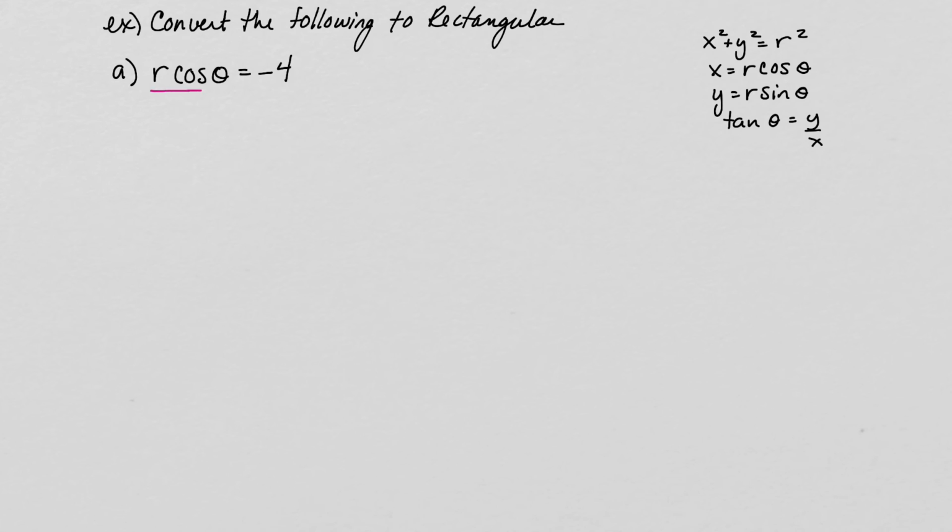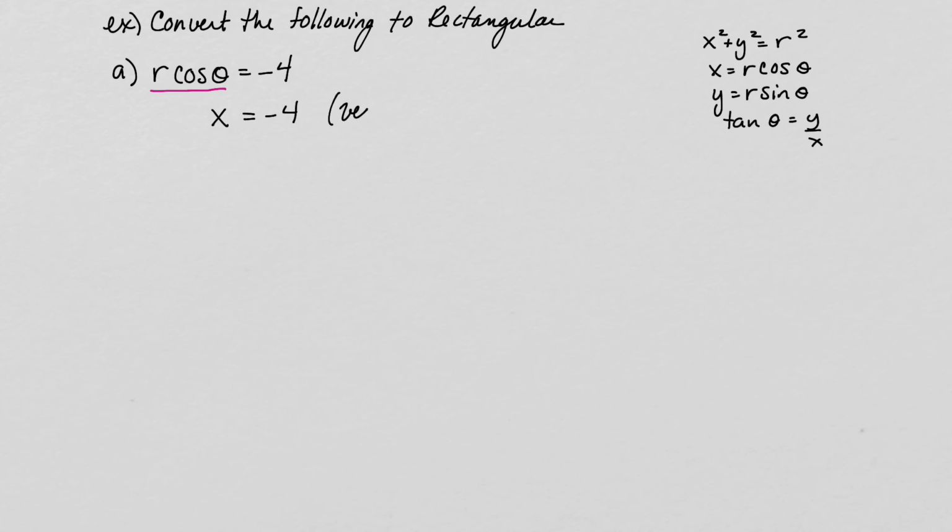But if you look, r cosine theta, we do happen to know what r cosine theta is. So what is r cosine theta? Yeah, r cosine theta happens to be x. So this is just x equals -4. I can stop because I've gotten rid of all the r's and thetas. And remember, x equals -4 is a vertical line.